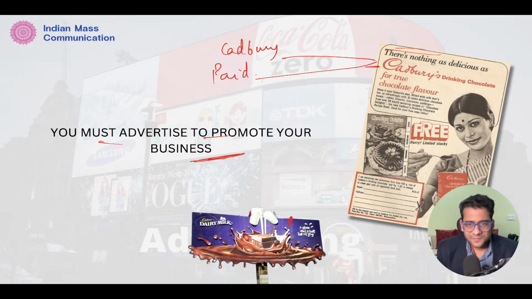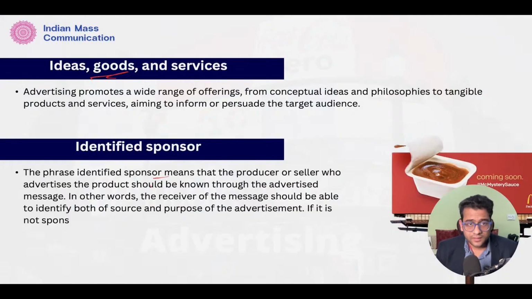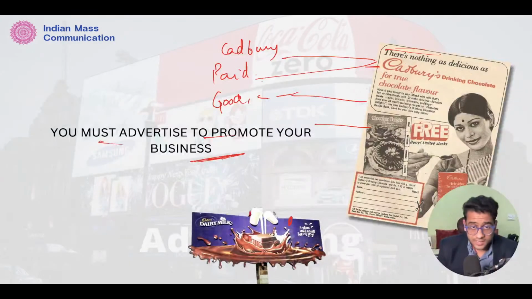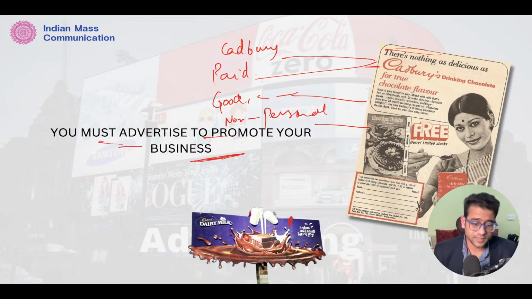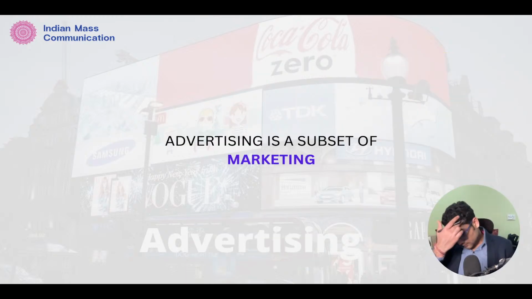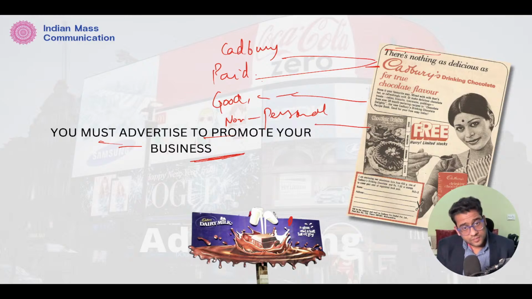Then there is the promotion of goods, service, ideas. Okay, then what else? It is non personal. Okay, so you must advertise to promote your business. Okay, to remember this word, promote.